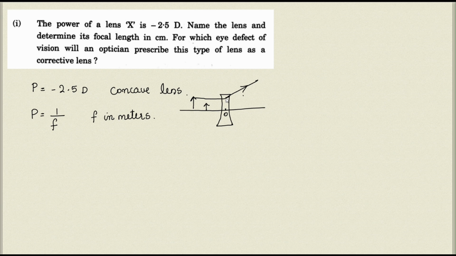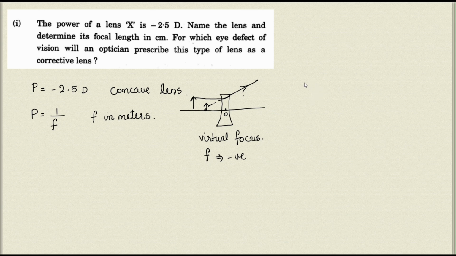So the refracted light rays appear to come from a point on the principal axis, and that is the principal focus of the concave lens. That is a virtual focus. As it is a virtual focus and it is towards the left of the optic center, we can say that the focal length of a concave lens will be negative.